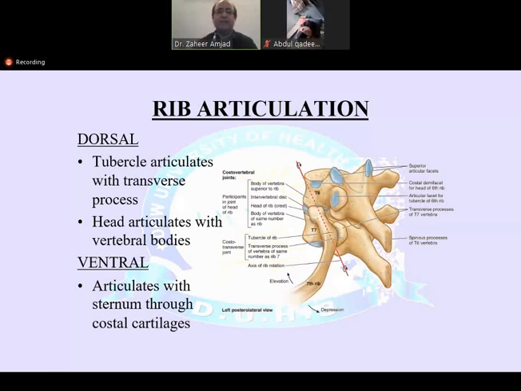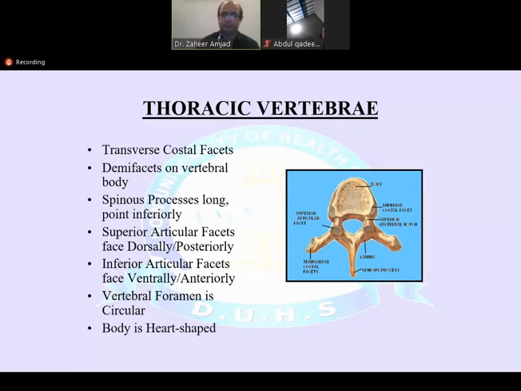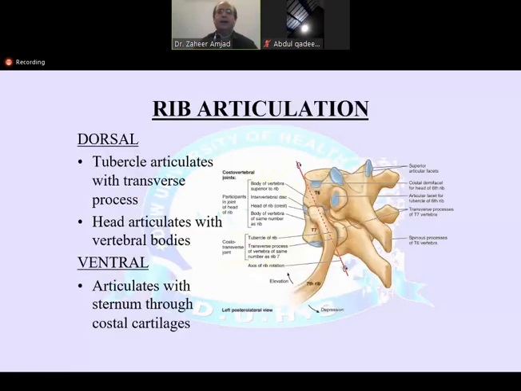Then you see that when it passes backwards and laterally, the tubercle of the rib is articulating with the facet which lies on the anterior aspect of the transverse process, and this forms the first joint which I told you, that is the costovertebral joint.